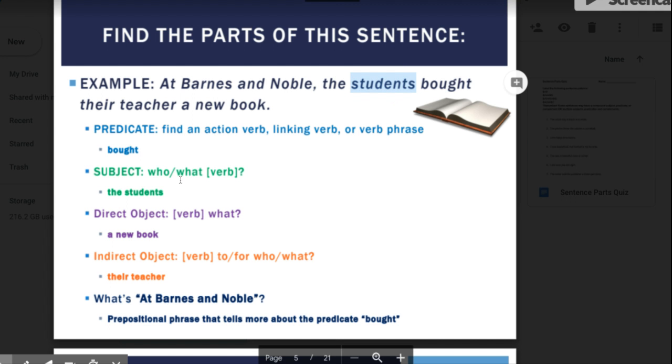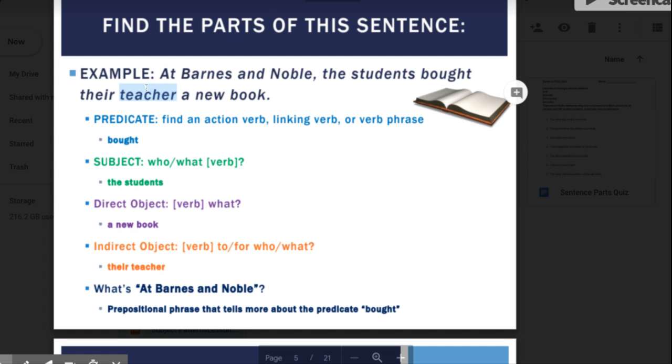Then what did they buy? Students bought what? Students bought a book. So that becomes my what? You should say direct object. Then who is the book for? Good, the teacher. That is my what? Indirect object. Perfect.